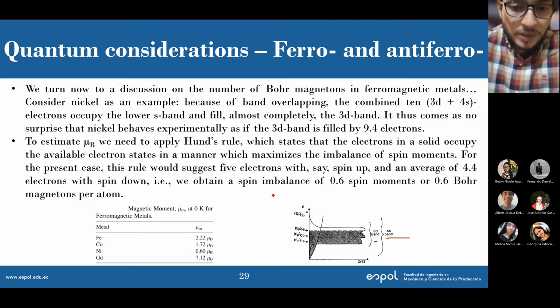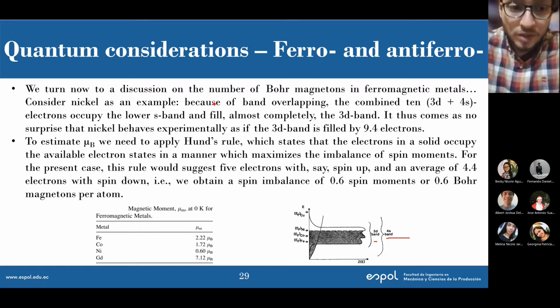Because of that band overlapping, those electrons in the combined 3d plus 4s state will occupy first the lower s band and fill up pretty much all, or will pretty much fully complete the 3d band. It doesn't completely fill it, but it gets to a value almost full.